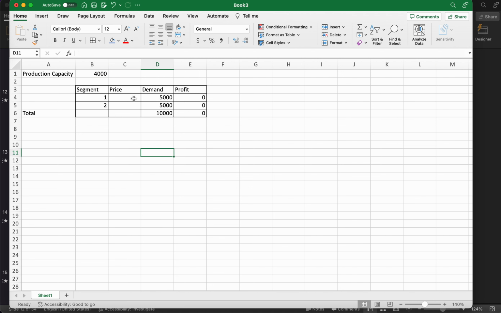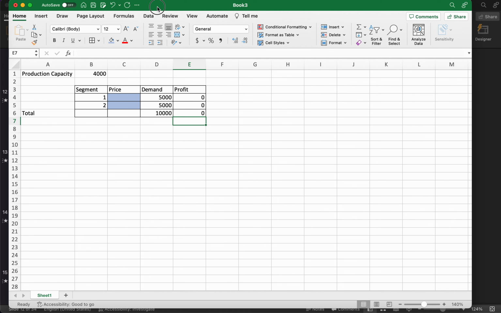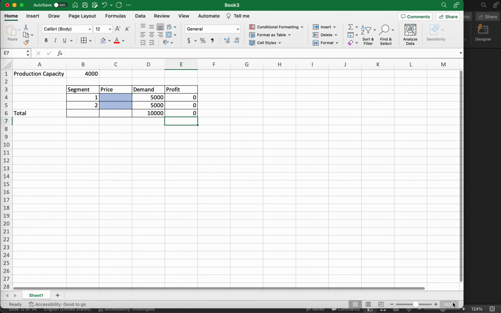Okay, so these are the two price values, and that's what we need to decide. That's the value that we're trying to figure out. So these are the two variables that decide the whole problem. These are our decision variables, and our objective is to maximize our profit. This is the total profit of everything. And so what we do is we go to the solver tool, right?